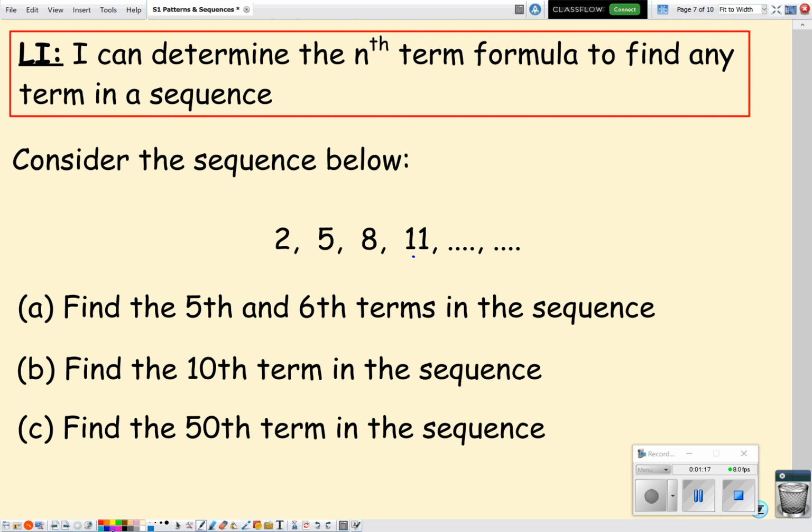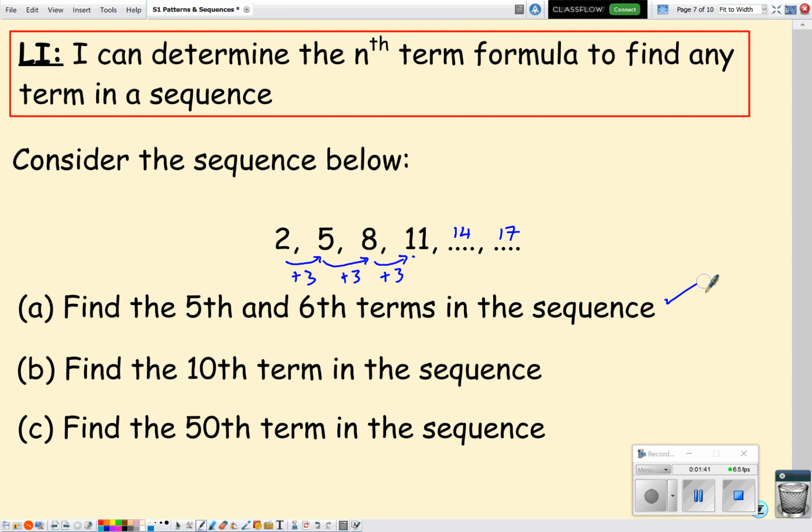Let's find the 5th and 6th terms in the sequence. Well, 2, 5, 8, 11, they're the first four terms, so the next term is the 5th one. What you can see is that this sequence is going up in threes, adding 3 each time. So 11 add 3 is 14, 14 add 3 is 17. Job done. Find the 10th term in the sequence.